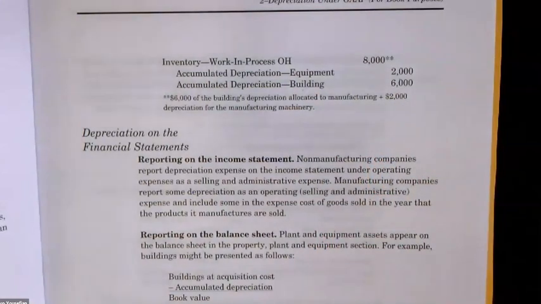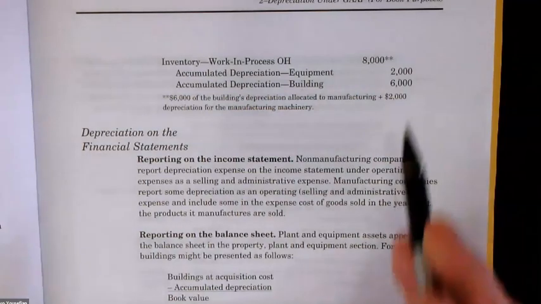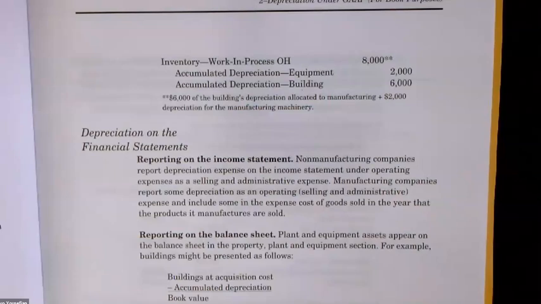And that's based on the percentage of use of the building. So for the building, you use $6,000 for manufacturing and $2,000 for office area.